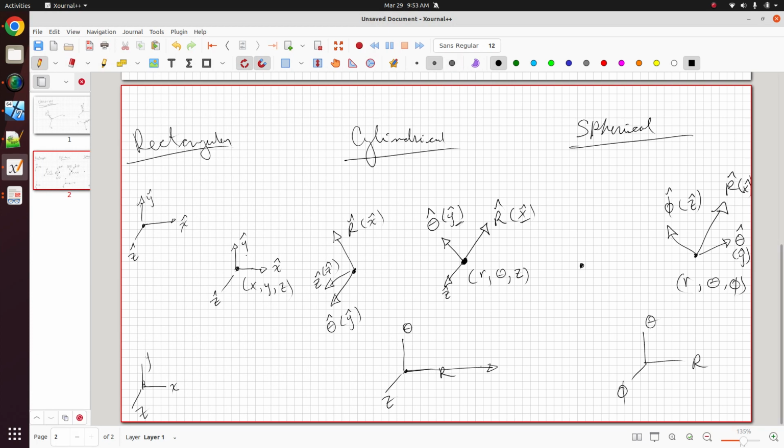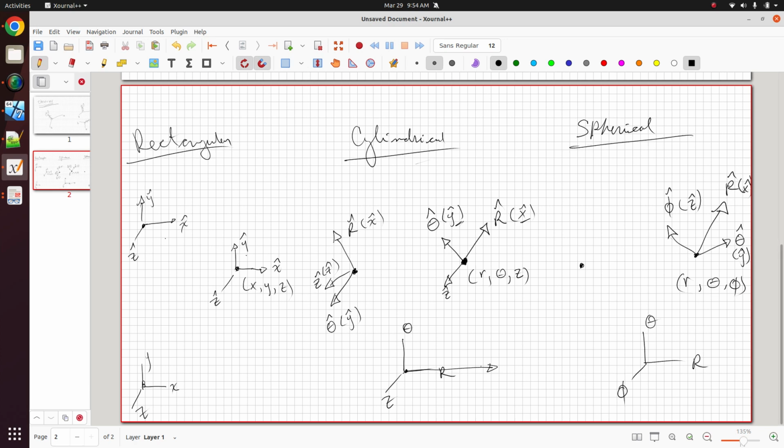So let me quickly summarize this page. Number 1, depending on where you are in the coordinate system, and right now I'm saying this for cylindrical and spherical coordinates, your unit vectors are going to point in different directions, and this is going to be very important later on.